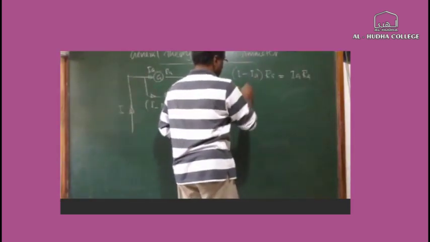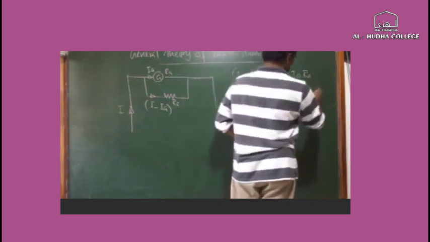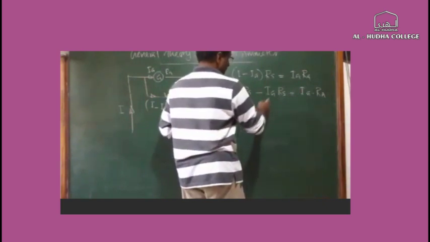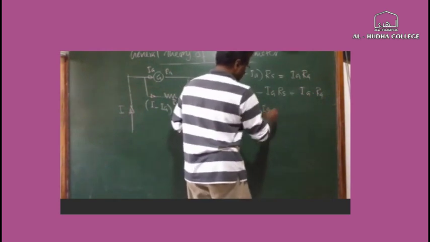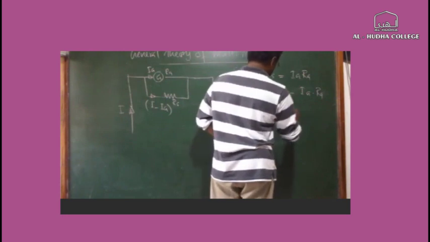If you multiply it, I into Rs minus Ig Rs equal to Ig into Rg. Ig is the full scale deflection current of the galvanometer, so it is almost constant. I into Rs equals Ig Rg plus Ig Rs.